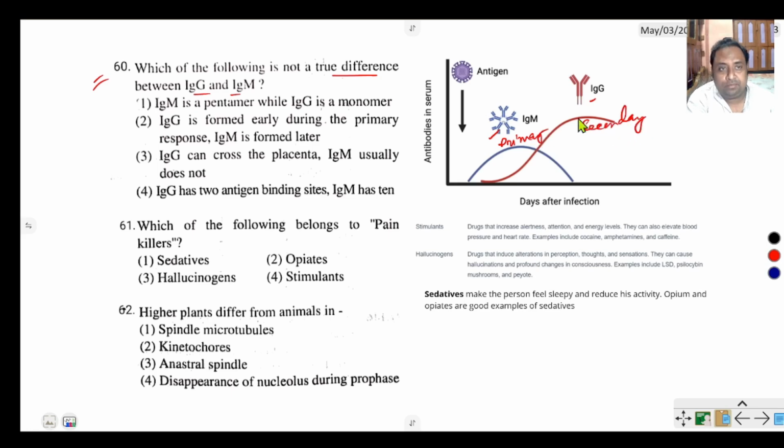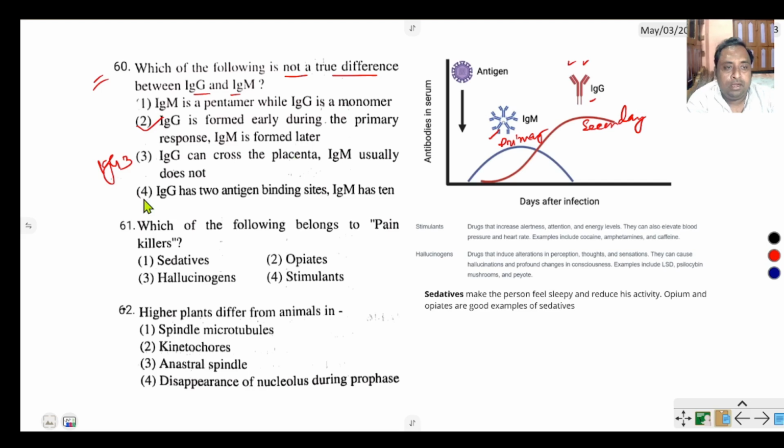This is the wrong statement. IgG can cross the placenta, IgM usually does not. Yes, IgG crosses the placenta. IgG has 2 antigen binding sites, but IgM has 10. So the not true option is that IgG is formed early during the primary response.